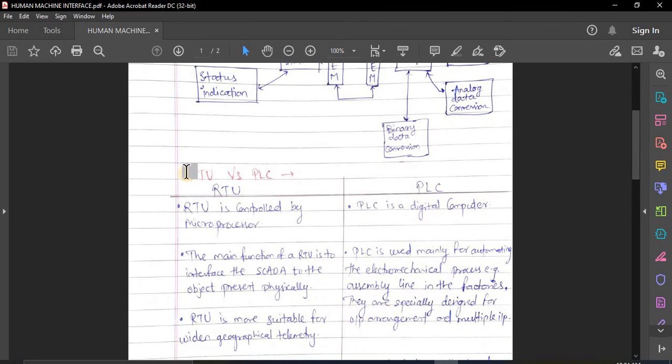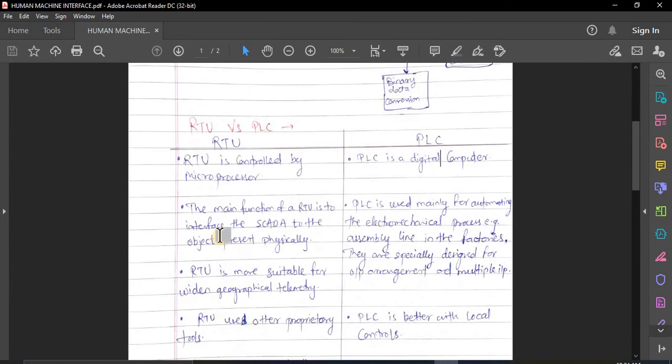Now we are going to study the difference between RTU, remote terminal unit, and PLC, programmable logic controller. First, RTU is controlled by a microprocessor or microcontroller, but PLC is a digital computer. The main function of an RTU is to interface the SCADA to the object which is present physically.